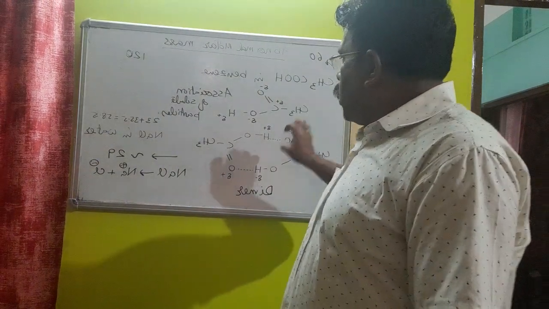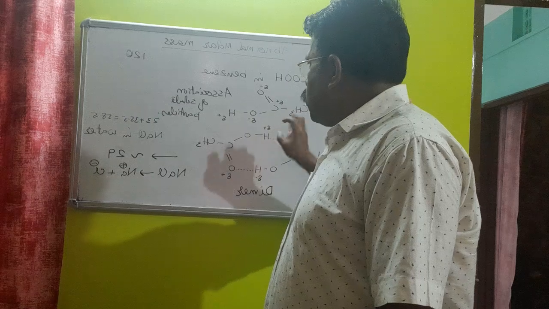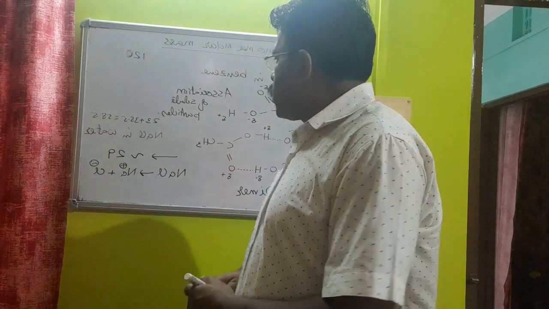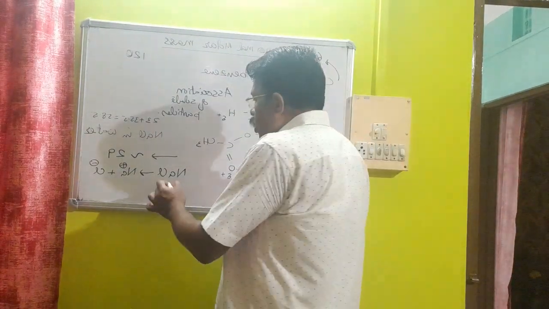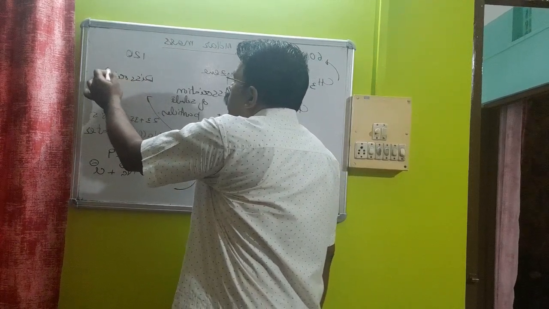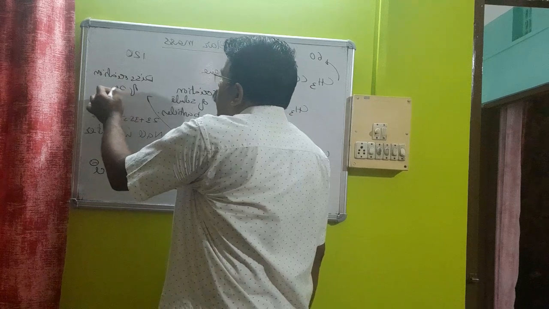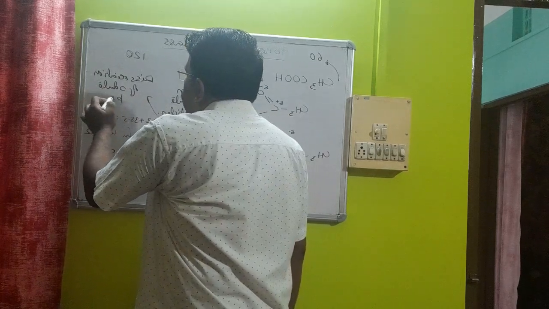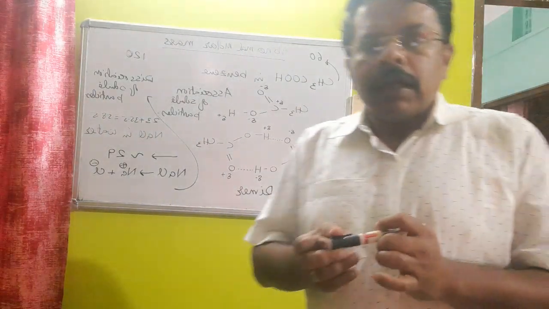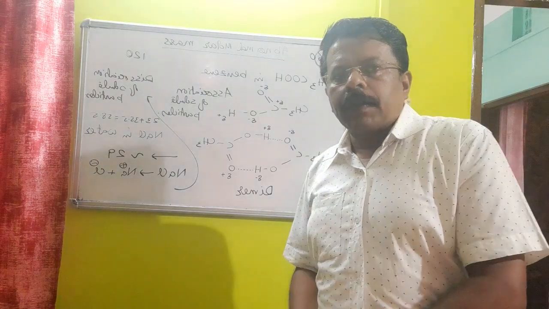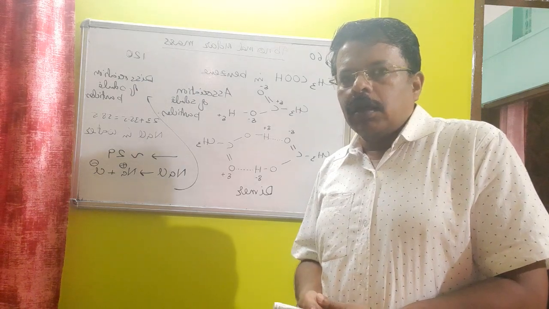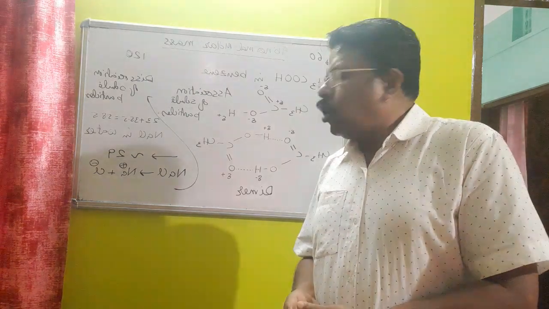That means if here the abnormal molar mass was due to association of solute particles, then in this case it is due to dissociation of solute particles. So we can say that if association or dissociation of solute particles occurs in the solution, then we will get abnormal molecular mass.